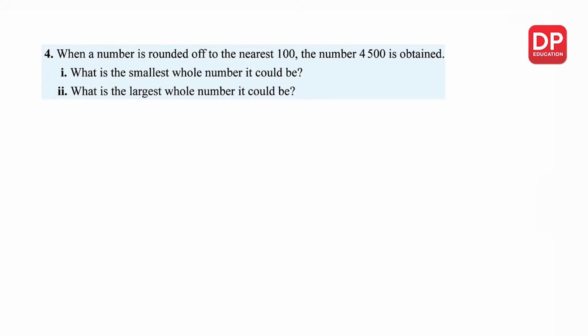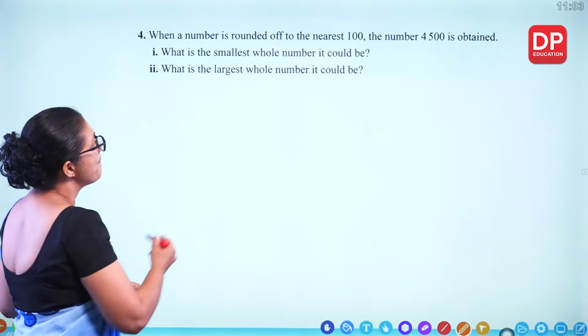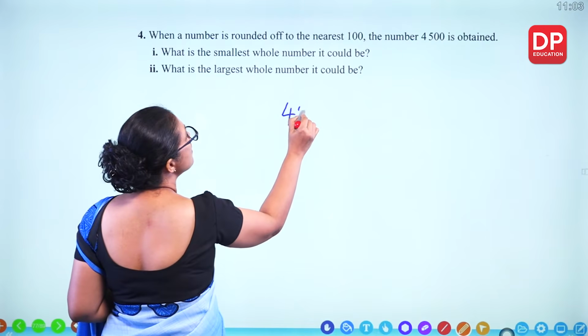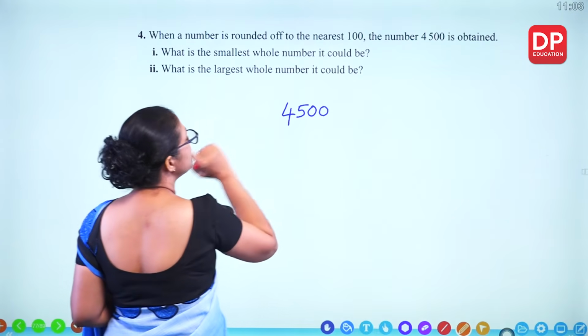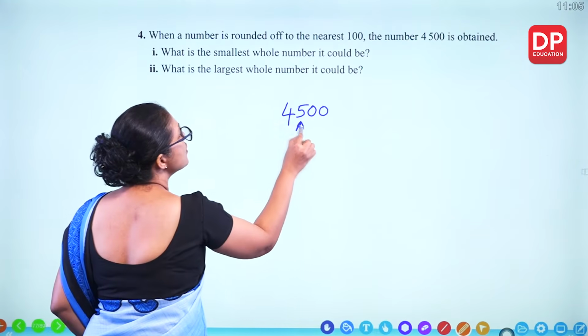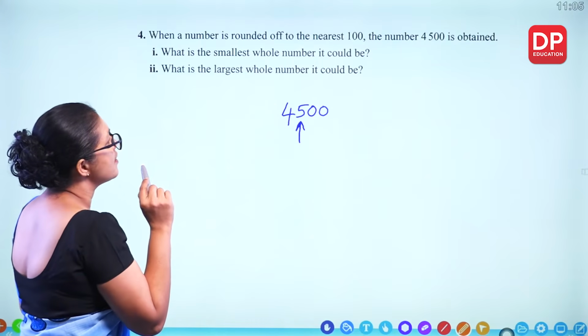Question number 4. When a number is rounded off to the nearest 100, the number 4500 is obtained. What is the smallest whole number it could be? What is the largest whole number it could be? 4500. So this is rounded to the nearest 100.